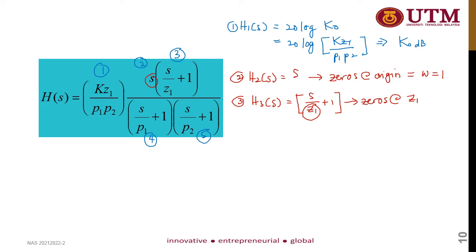You have considered all components on top. Now move on to the denominator part. The fourth component, h4s: don't forget the denominator must always be at the bottom, so 1 over s divided by p1 plus 1. When s is at the bottom, it is poles, located at p1.